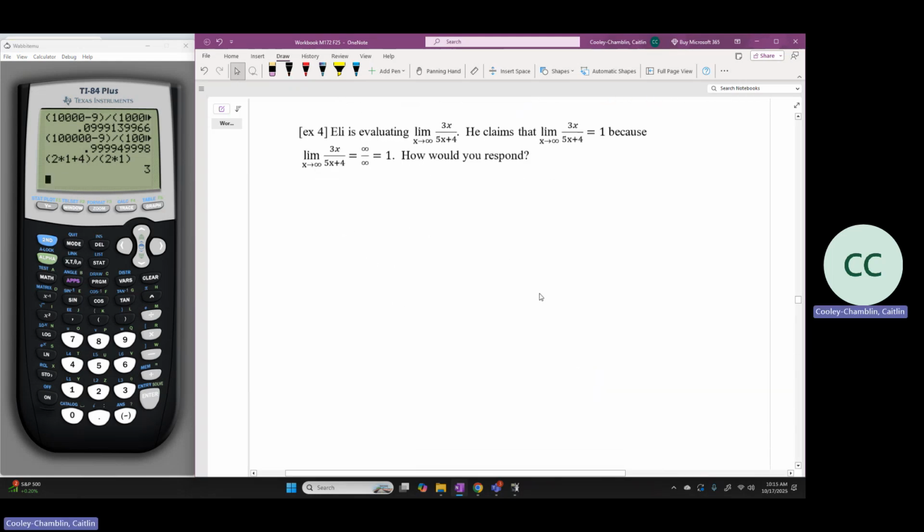Okay, example 4, love this problem, great test problem. Example 4 says Eli is calculating the limit as x goes to infinity of 3x over 5x plus 4. He claims the limit is 1 because you get infinity over infinity, which is equal to 1. How would I respond?